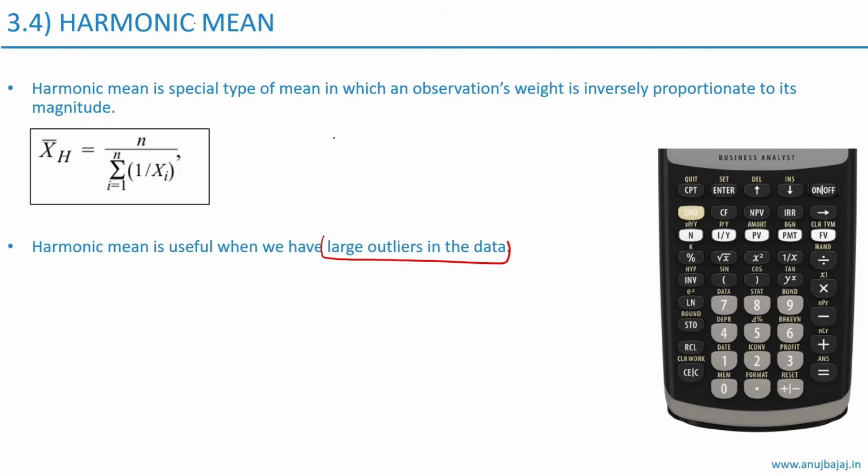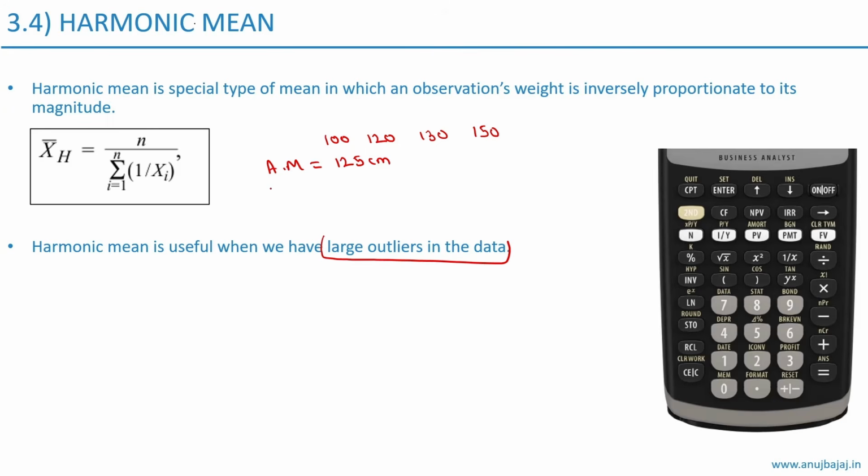For example, if I want to find out the average height of the students in a classroom, and suppose I have 4 students in my classroom whose heights are 100 cm, 120 cm, 130 and 150. The arithmetic mean will be 100 plus 120 plus 130 plus 150 divided by 4, which will be 125 cm.